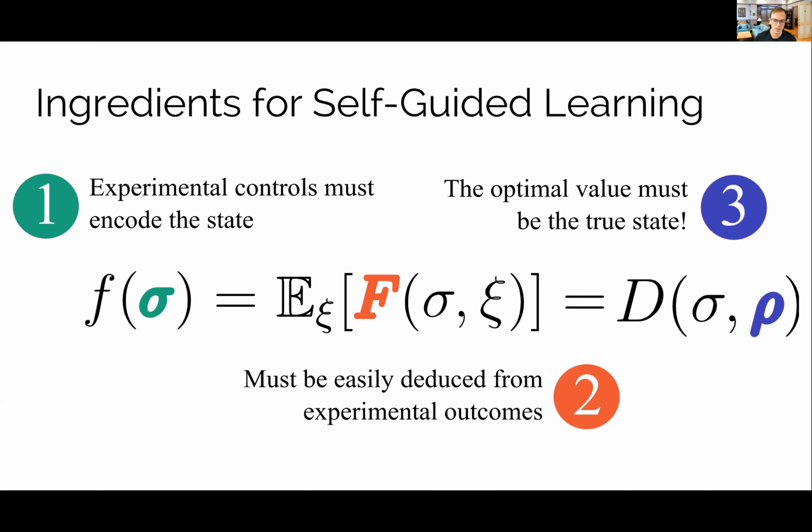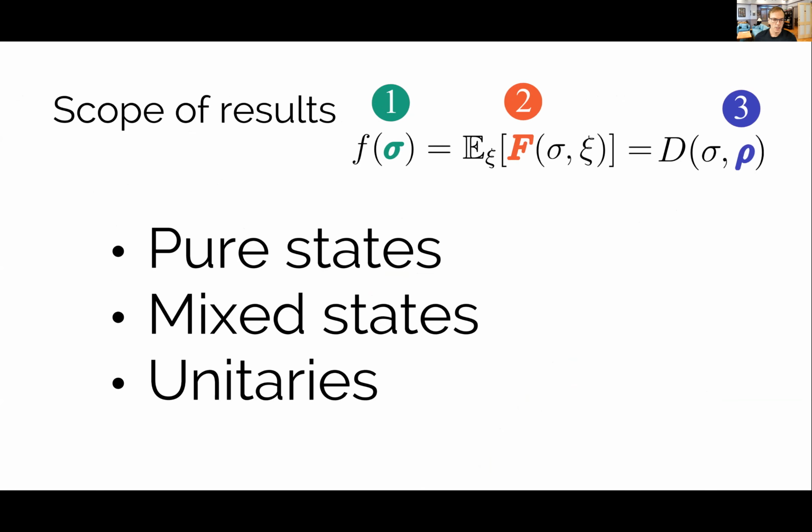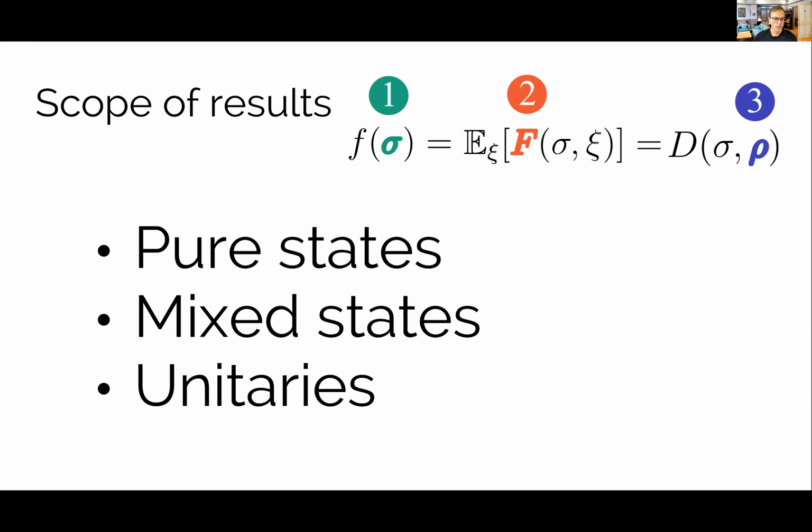So we need to find that as well. Okay, so those are the ingredients, and I'll show some examples of where these ingredients are satisfied. The three that I'll talk about are pure states, mixed states, and estimating unitaries.